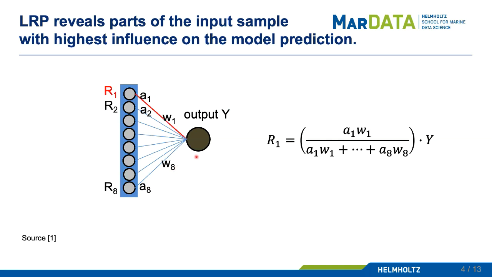The total relevance is now distributed to the units by the relative amount of pre-activations. For the first unit, R1 is simply A1 times the weight W1, divided by the sum of all pre-activations, times the total relevance, and so on and so forth for the other units.